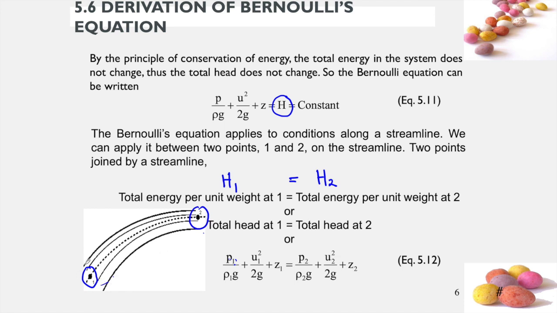Whatever energy value is here would be equal to the energy value at point 2. Remember, this is steady flow. There will be no accumulation in the system. So total energy per unit weight at 1 equals total energy per unit weight at 2.